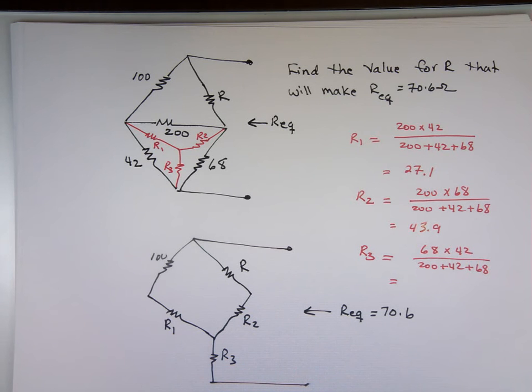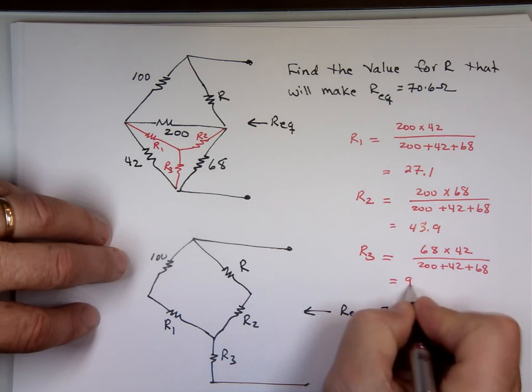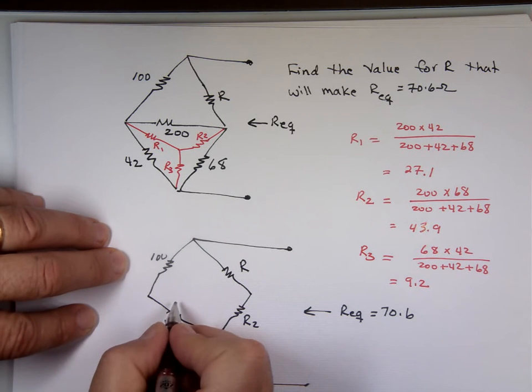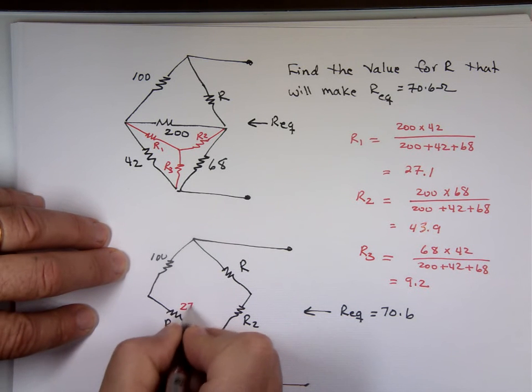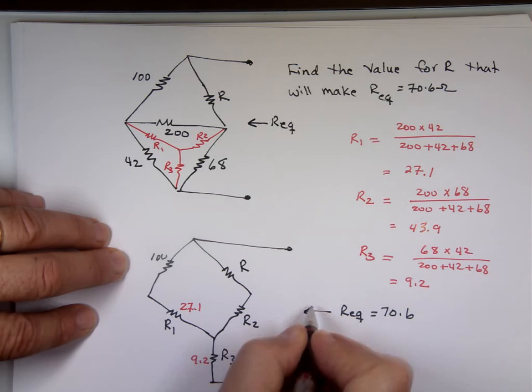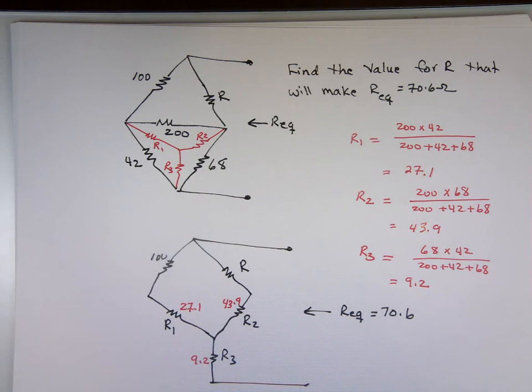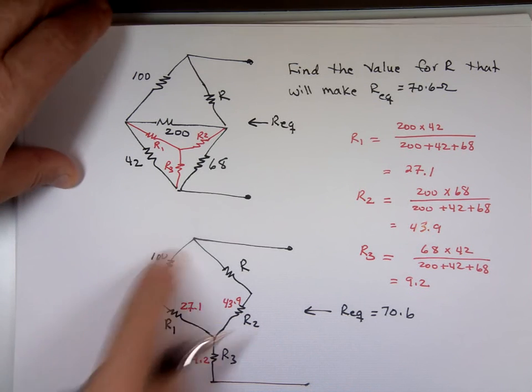68 times the 42 divided by 310 is 9.2. R sub 1, 27.1. This is 43.9. Now you can combine these two into one resistor.